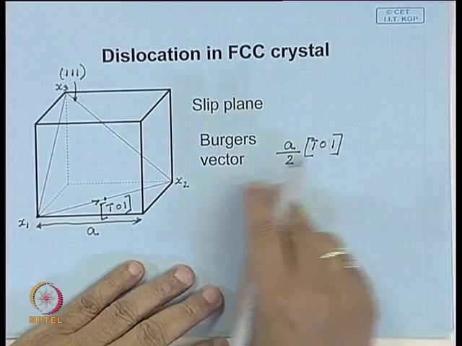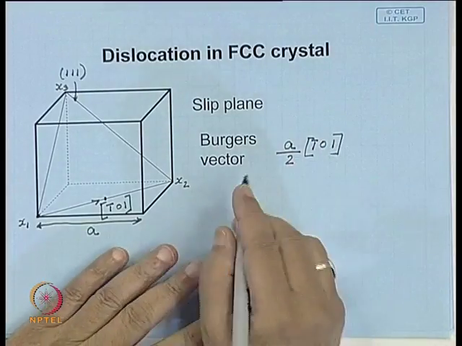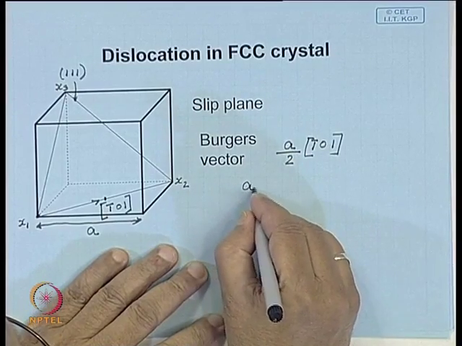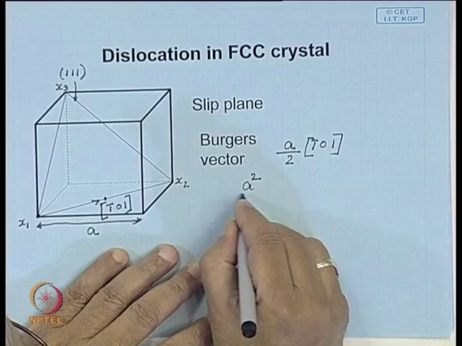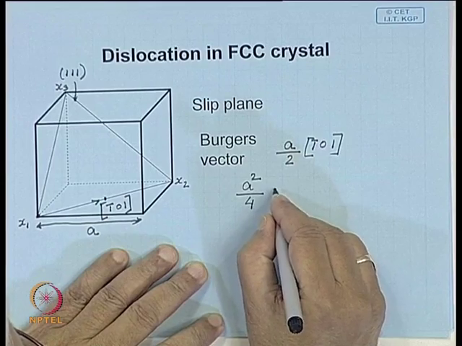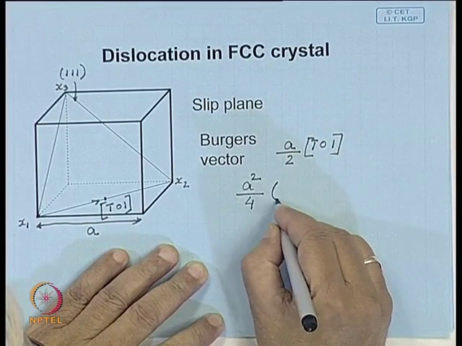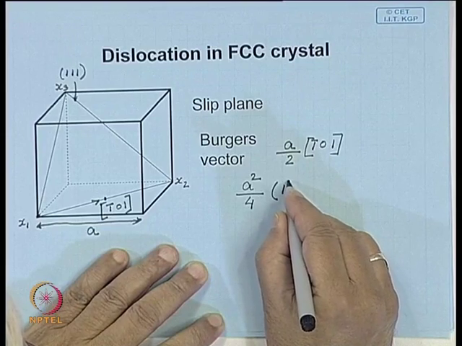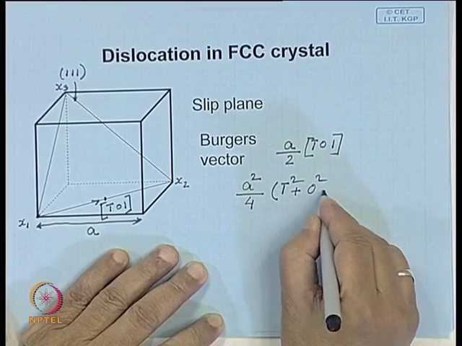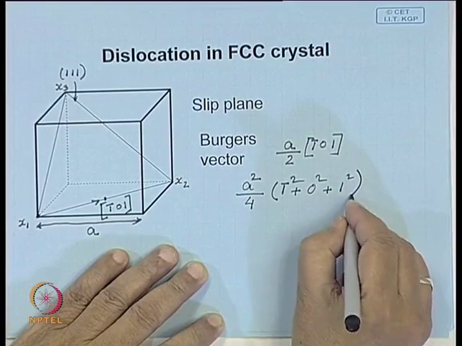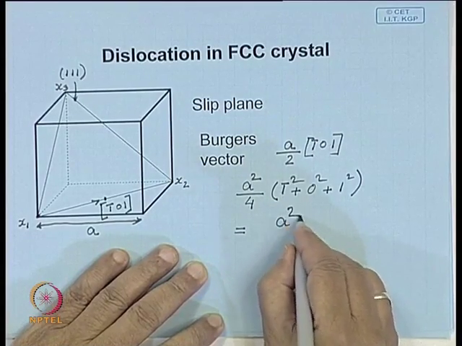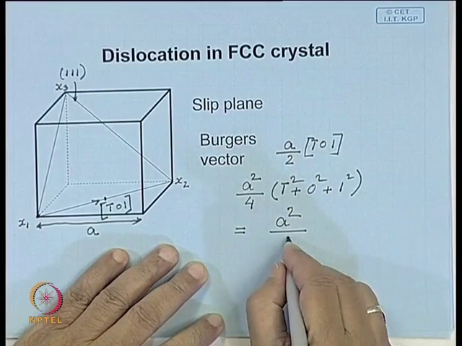If you want to find out the magnitude of the Burgers vector, it is quite easy. The magnitude will be, you square each component, 1 square plus 1 square, so this becomes equal to A square over 2.